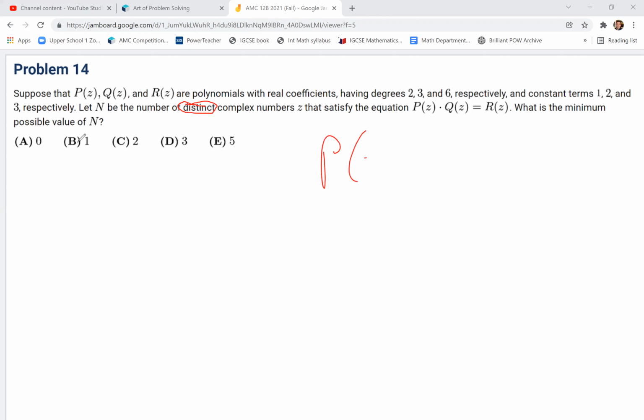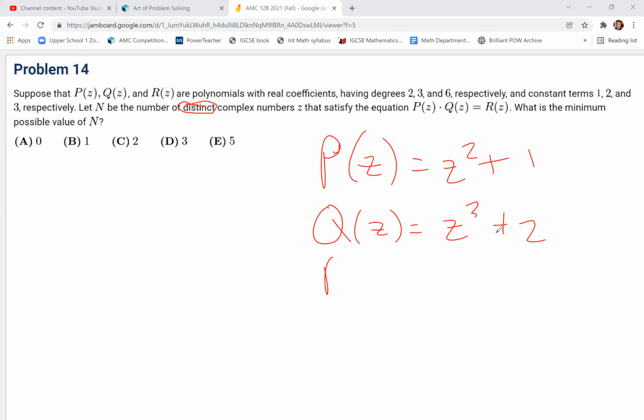So let's let P of Z be equal to Z squared plus 1, so that we have a polynomial of degree 2 with real constant term 1. Let's let Q of Z equal Z cubed plus 2, because then that's going to be a polynomial of degree 3 with constant term 2.